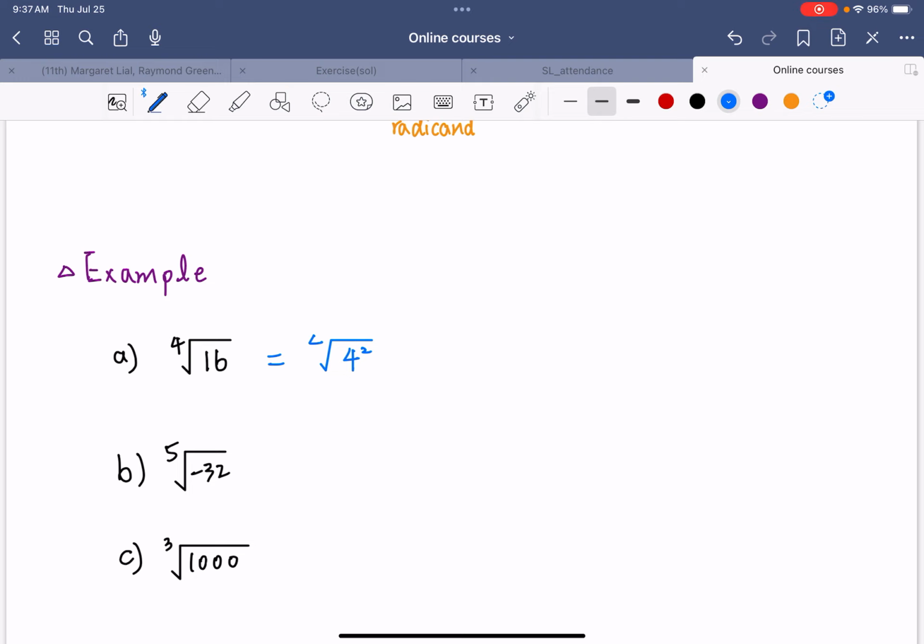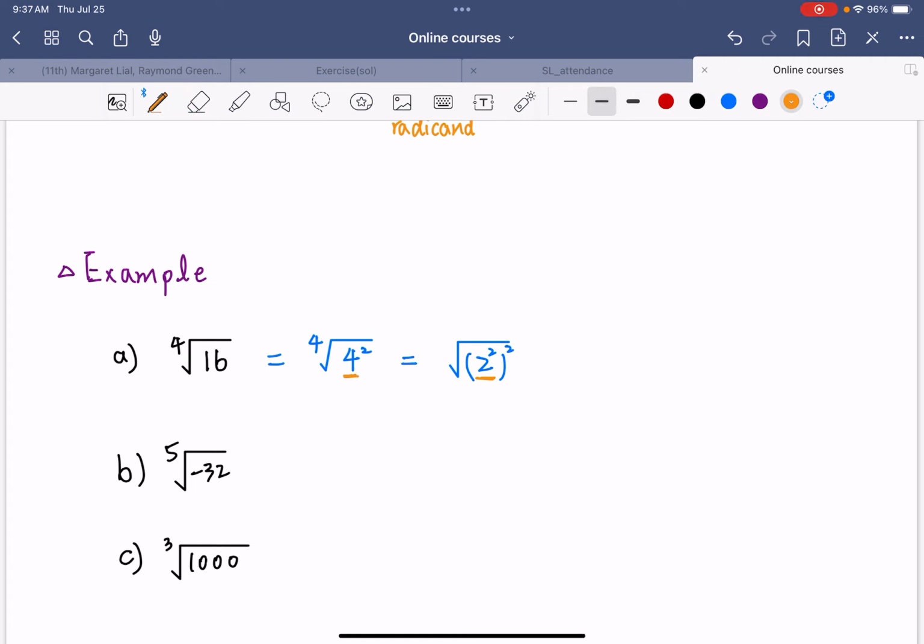So we can write it as 4 squared. And we also know that 4 can be written as 2 squared. So what I changed is this part: I changed 4 into 2 with power of 2.